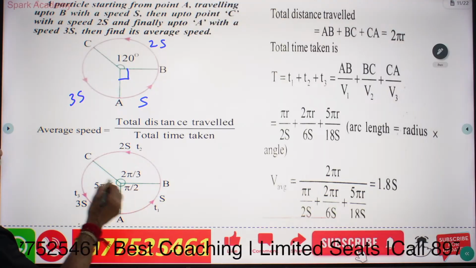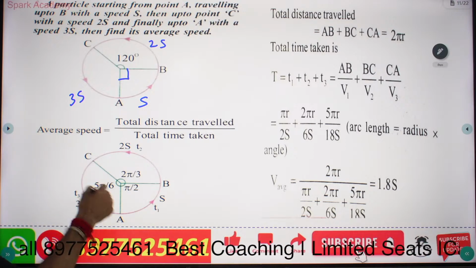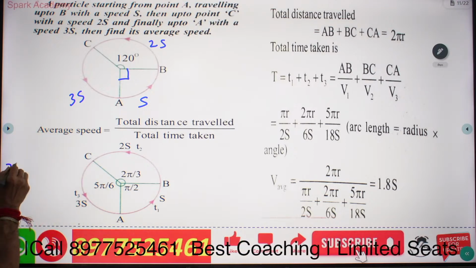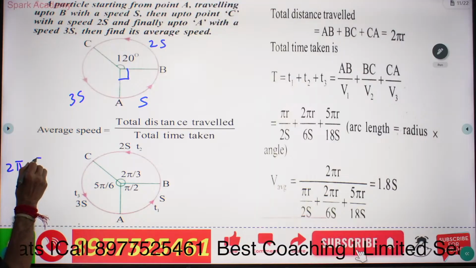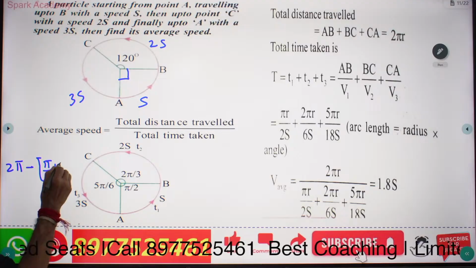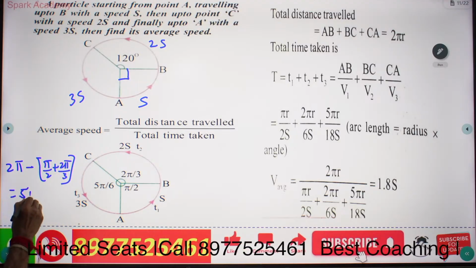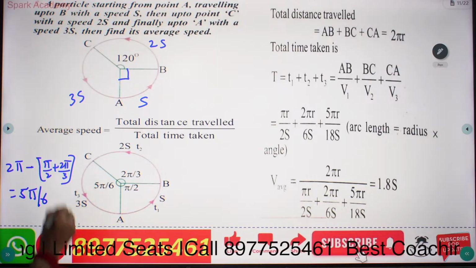So this plus this minus 2 pi will give you this. You know 2 pi is the total 360 degree angle. So 2 pi minus (pi by 2 plus 2 pi by 3) will give you 5 pi by 6. So this angle is 5 pi by 6.